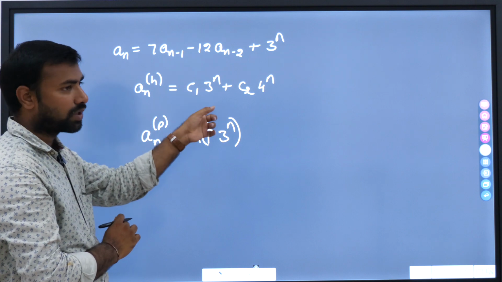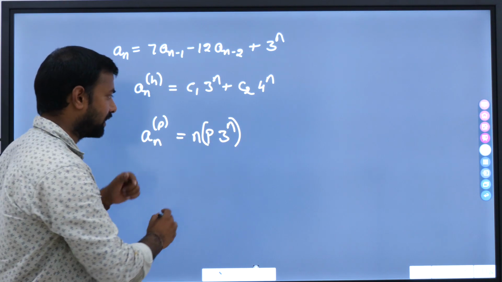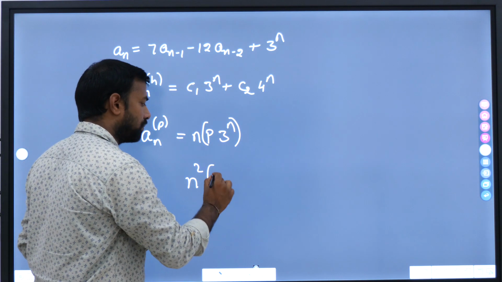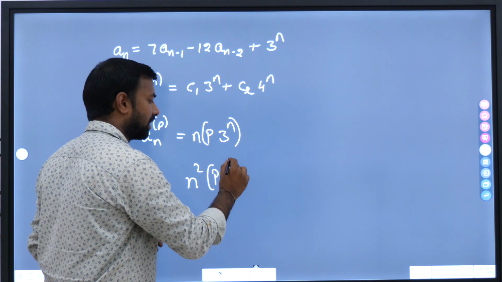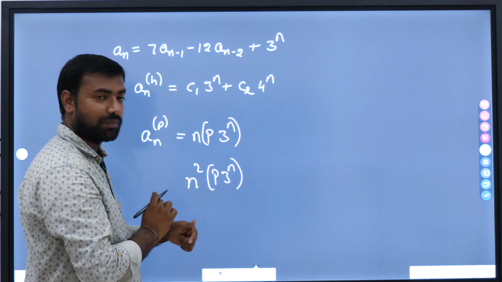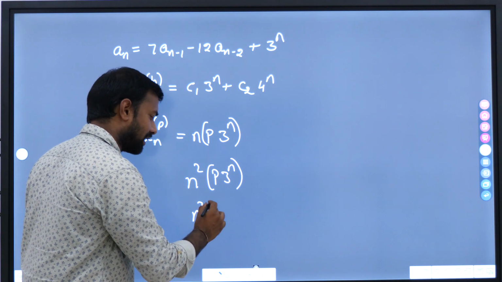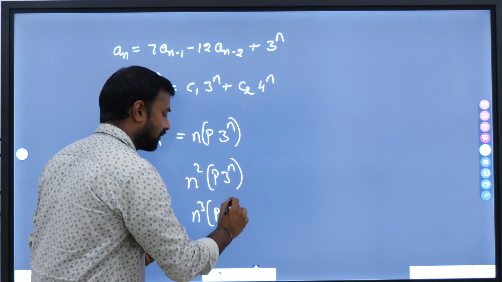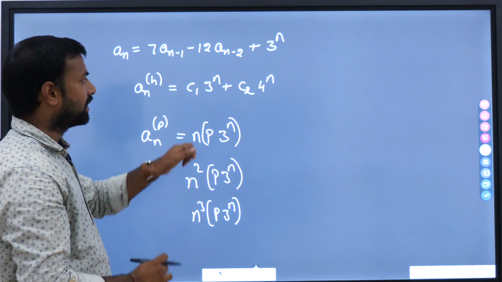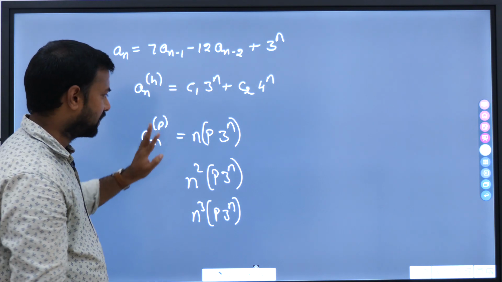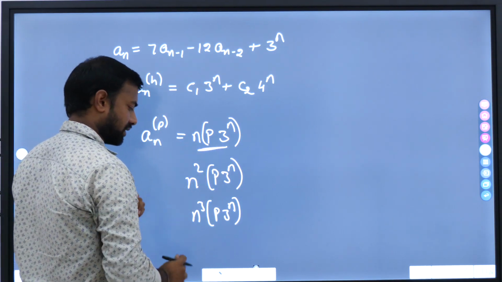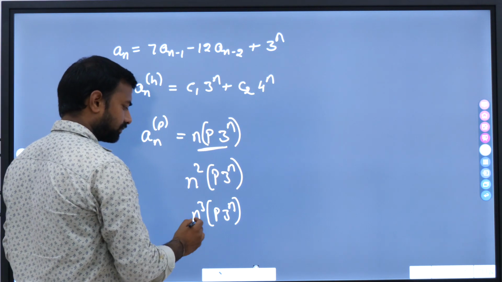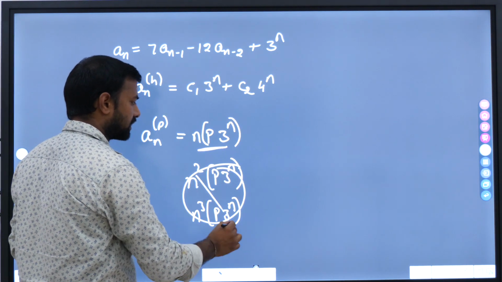Suppose it is a root of multiplicity 2, then we will take n square into p into 3 power n. Suppose it is a root of multiplicity 3, then we will take n cube into p into 3 power n. Okay. So anyway, here the multiplicity is only 1. Therefore, it is enough to take the first expression. Alright. So no need of taking these now.